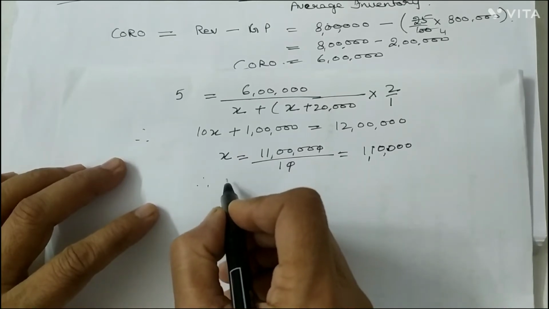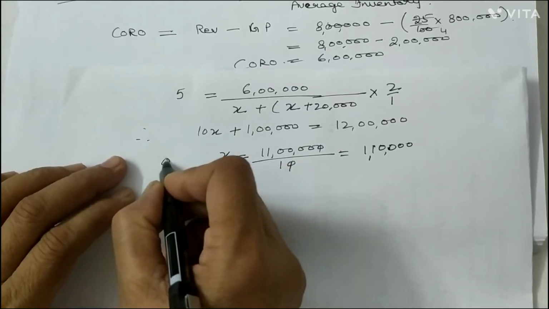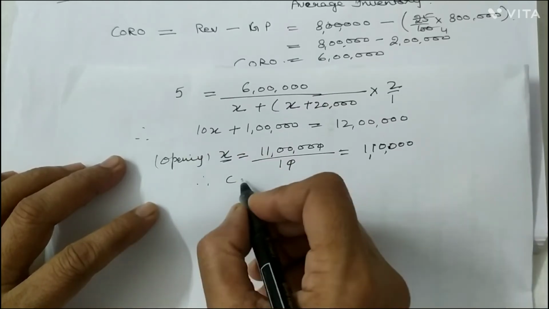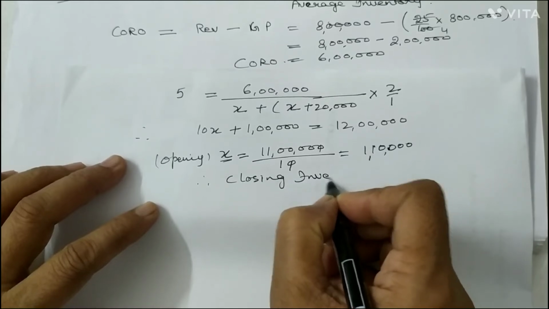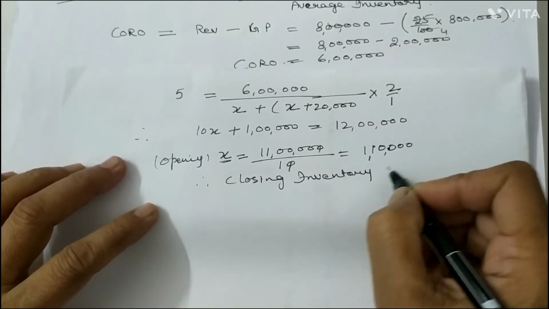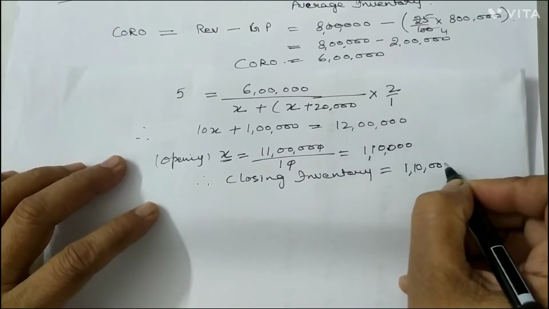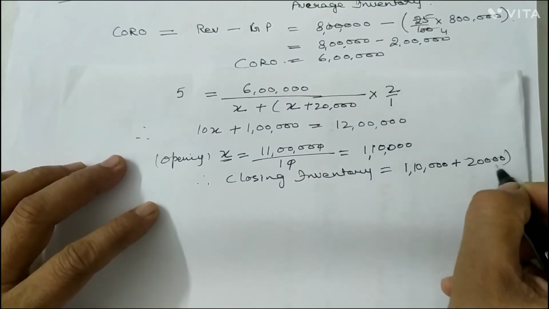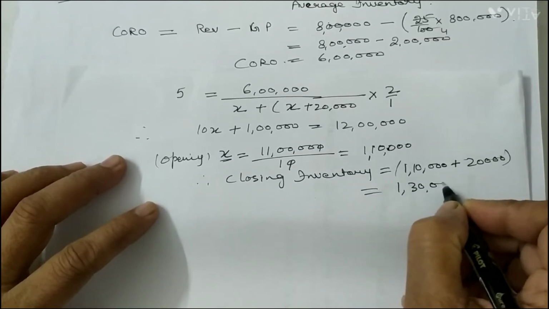Therefore, X is opening inventory. Now, therefore, closing inventory is equal to opening inventory 1,10,000 plus 20,000 more, is equal to 1,30,000.